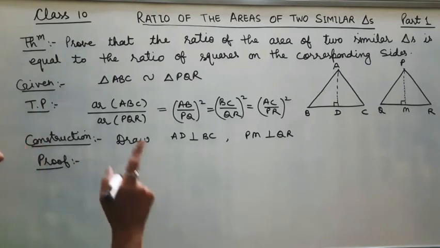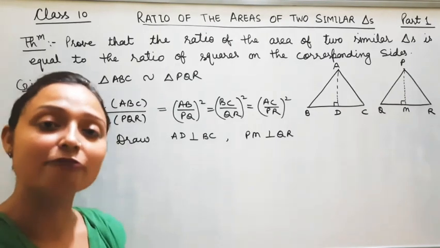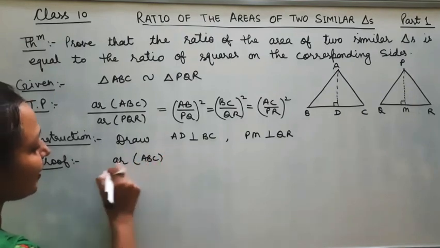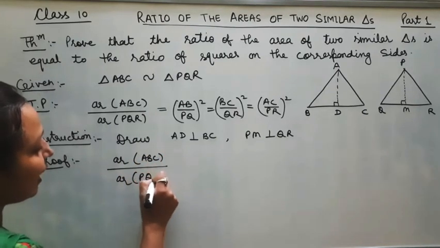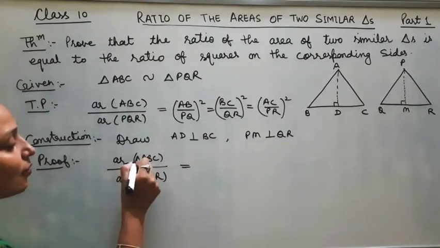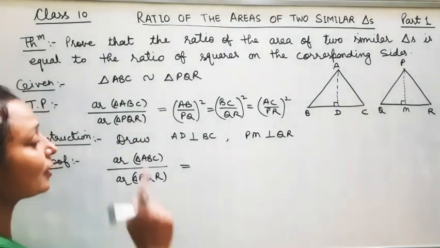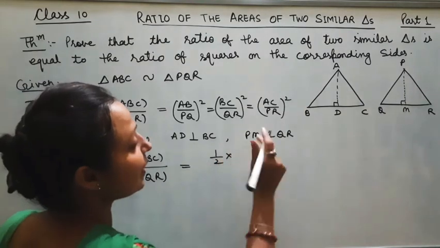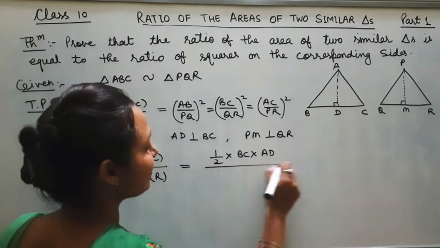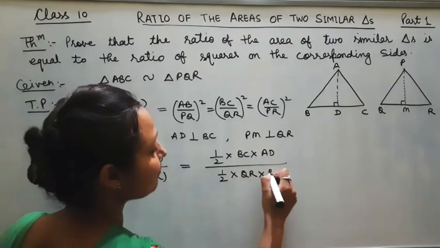Proof. I will start from the areas. You all know the formula of the area of a triangle: half base into altitude. So I will start from area of ABC upon area of PQR. You can write it as a triangle also, that is the same meaning. There should not be any confusion. Half base, that is BC, and AD, that is the perpendicular, over half base QR and perpendicular PN.